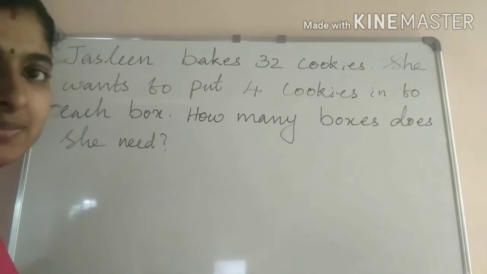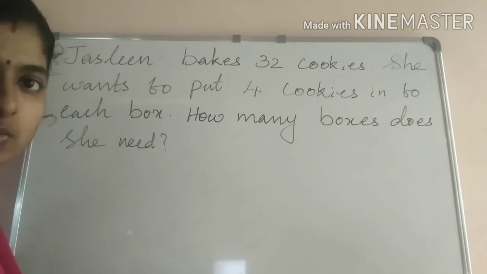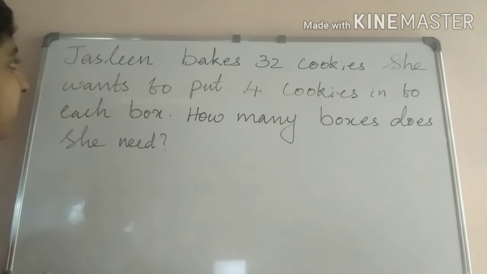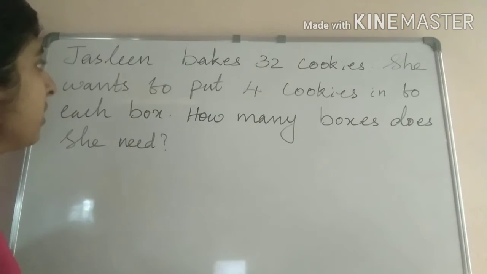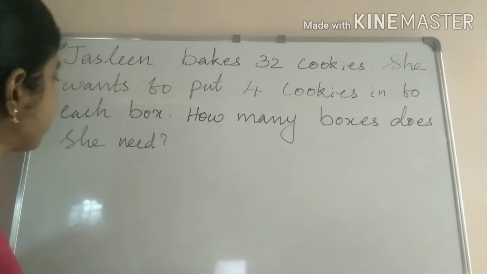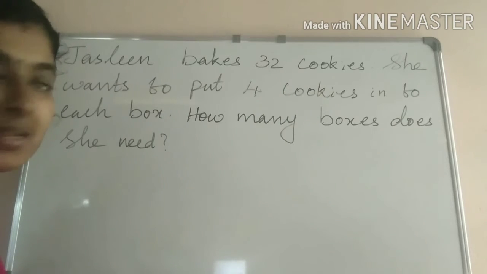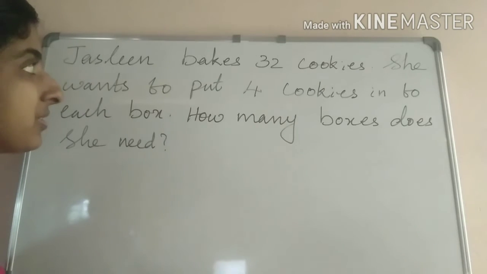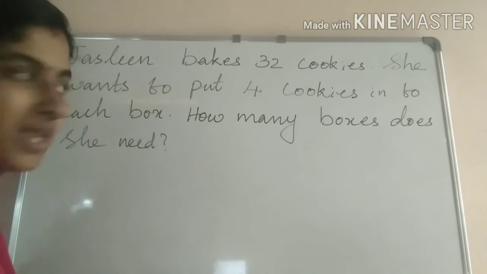See the next question. Jocelyn bakes. What is the meaning of bakes? Cook. Jocelyn bakes 32 cookies. She wants to put 4 cookies into each box. Then, how many boxes does she need? What's the meaning of this question? Yes, Jocelyn cooks 32 cookies. How many cookies? 32 cookies.